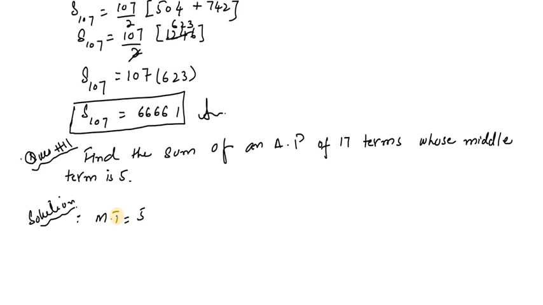So the middle term for an odd number of terms is given as n plus 1 upon 2. This is the formula of the middle term.